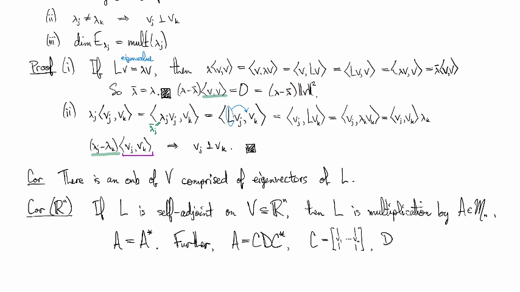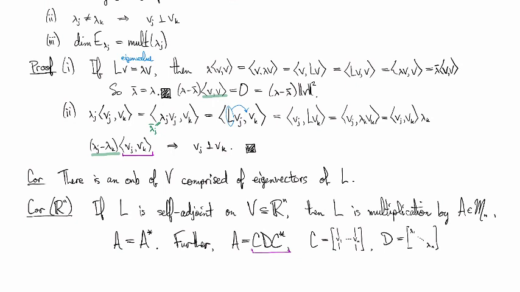And D is for diagonal, and it's the matrix whose diagonal is the eigenvalues of A. There we go. And so this pretty little picture right here tells a story.